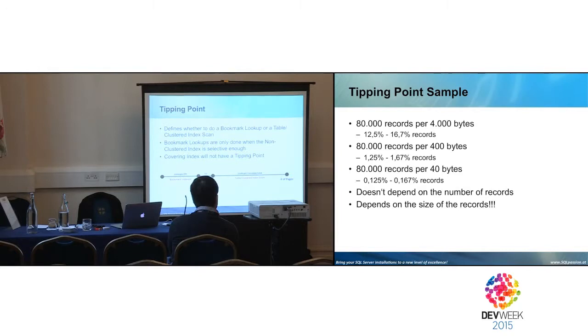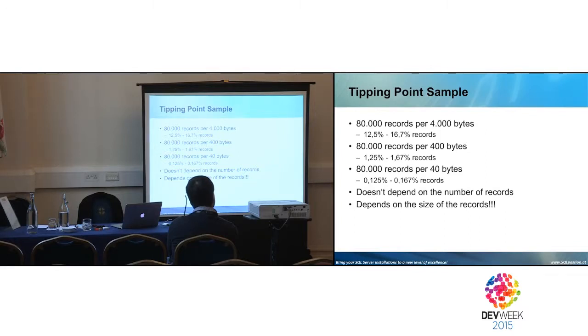When you're reading more, the query tips over and SQL Server generates you a plan with a complete clustered index scan. Means it doesn't matter how many records you have in your table. It only matters how large your records are.